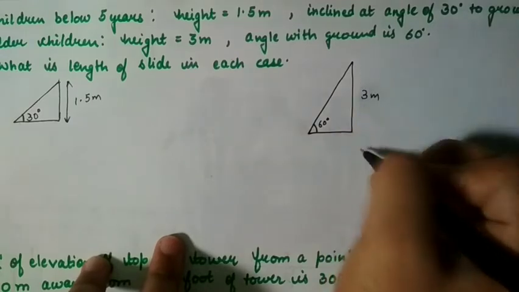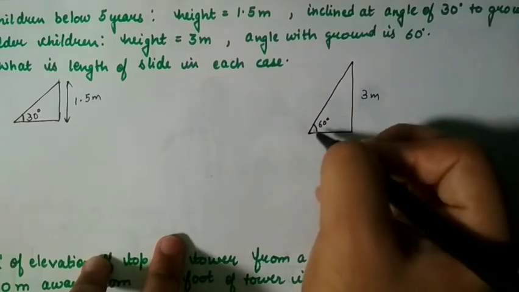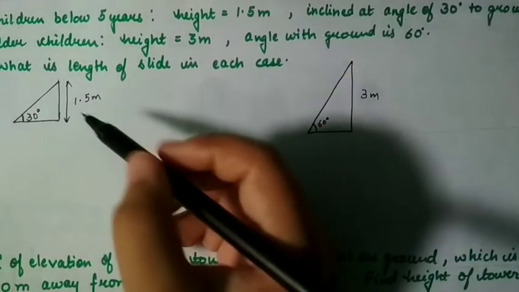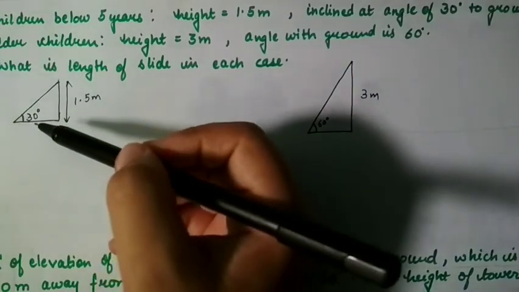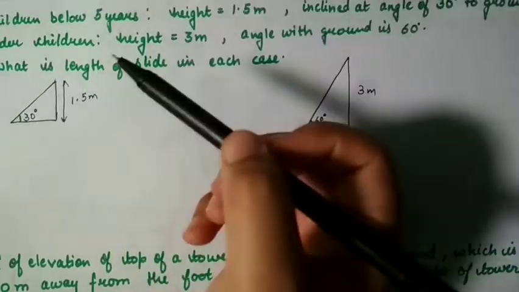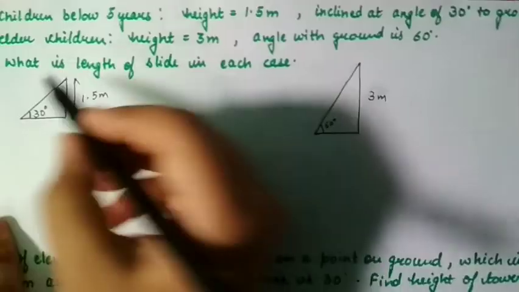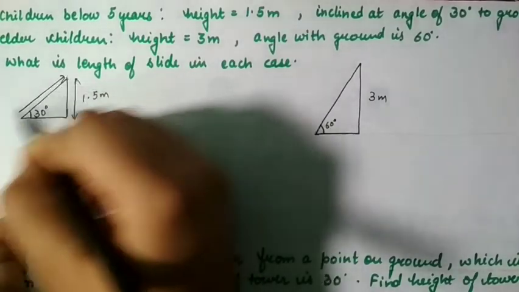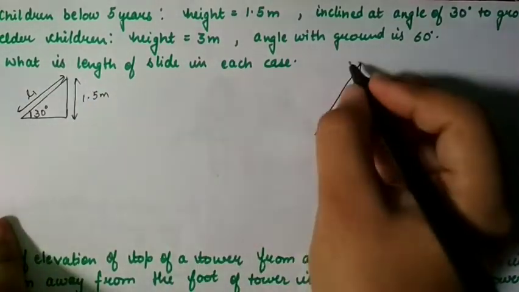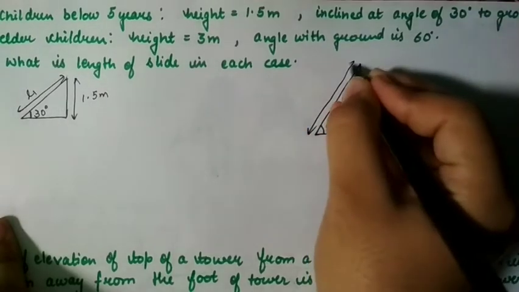It means this height is 3 meters and this angle is 60 degrees for elder children, and this height is 1.5 meters and angle is 30 degrees for children below 5 years. We need to find the length of the slide in each case. It means length is this. So we have to find L1 and we have to find L2.